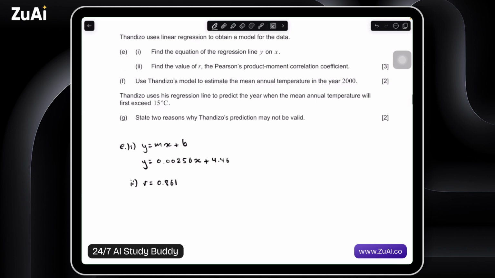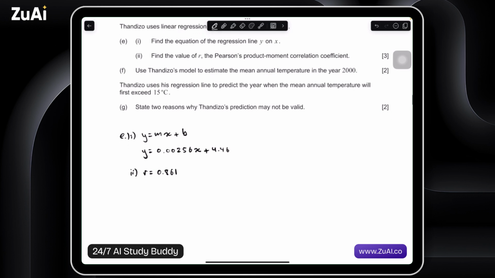Okay. Part F. Use Thandiso's model to estimate the mean annual temperature in the year 2000. So here we have F. What does this model predict in the year 2000? Here's our equation of a line once again: 0.00256x plus 4.46.